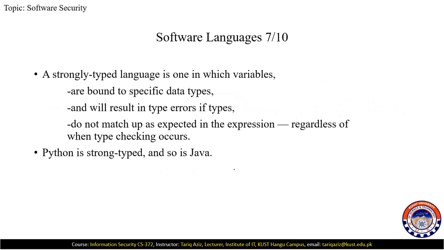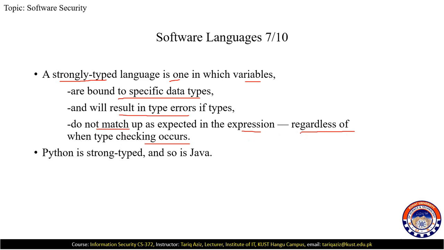Now, dear students, what do you mean by a strongly typed language? A strongly typed language is one in which variables are bound to specific data types. If there is any mismatch in the expression, it will result in type errors, regardless of when type checking occurs.